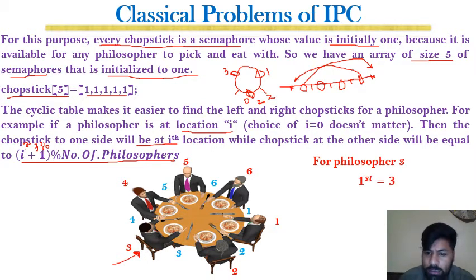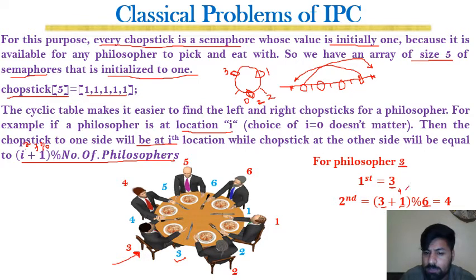On one side there will be the chopstick at the number of the philosopher, and here you can see that the third chopstick is on one side of the philosopher. And for the second side, using the above formula, the philosopher number plus 1, and the remainder when divided by the number of philosophers. So you can see that 3 plus 1 is equal to 4, and 4 modulus 6.